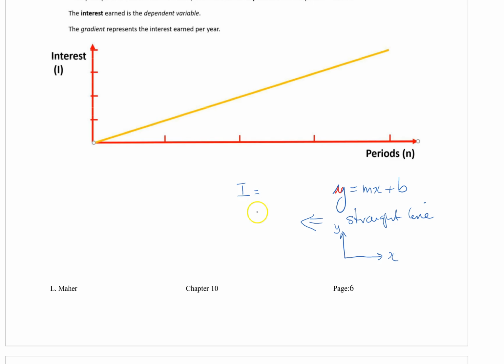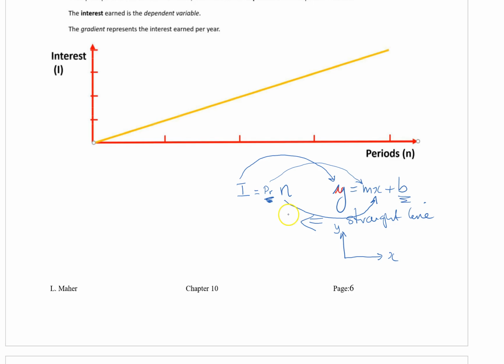I is equal to P, R, and N, because this is similar in that the I is similar to the Y, the N is similar to the X. This PR ends up being our gradient. Those two numbers multiplied together is the equivalent of our gradient.